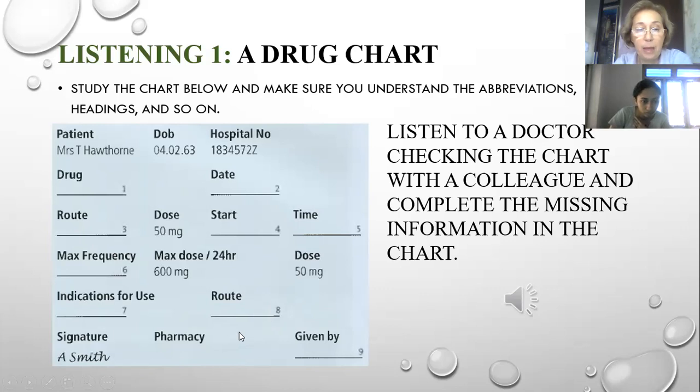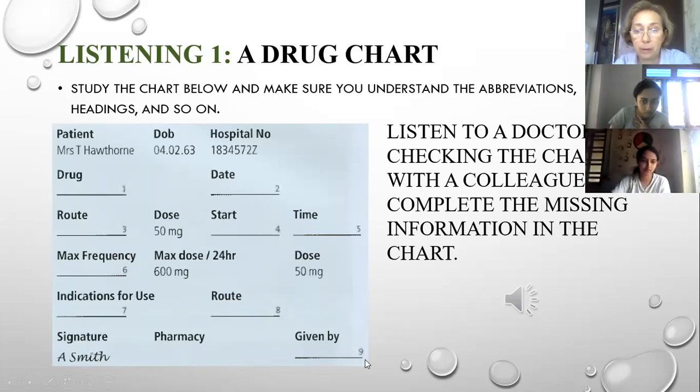Yes. And there is, in the last line, we can see the signature of the person who prescribes this medicine, and given by. What should be written here? The pharmacist. Name of the pharmacist. Or the person who should give the medicine to the patient.